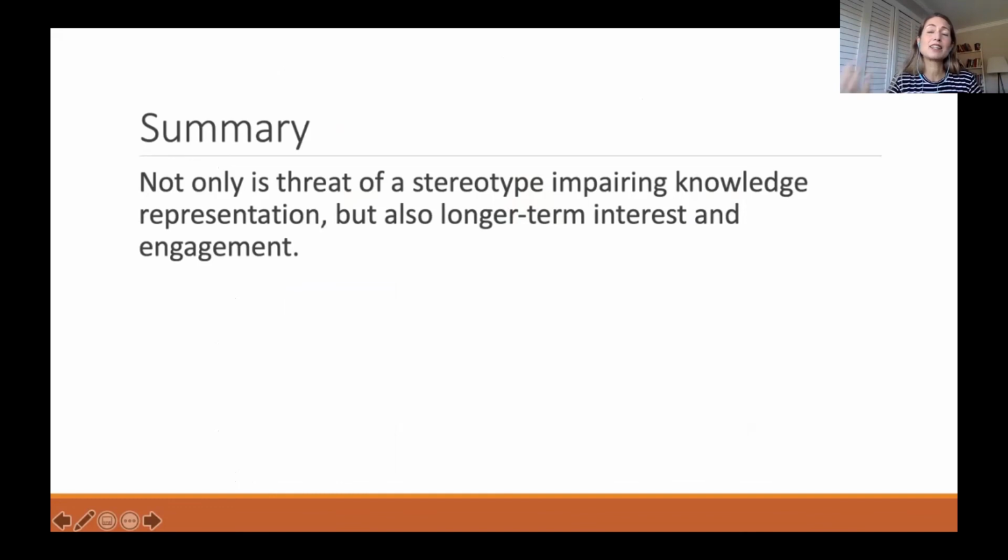So this suggests that a threat of a stereotype, or maybe other kinds of anxieties like those related to COVID-19, may impair not only the knowledge representations that they're building, but also their longer term interest and engagement. And both of those can have impacts in fields like mathematics, which build incrementally. So if you learn a little less today, your next math lesson is going to build on what you learned today. So you're potentially going to see these kinds of systematic problems.